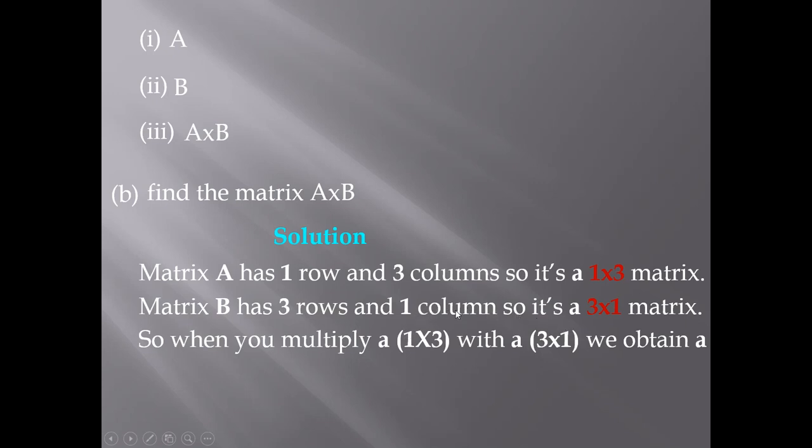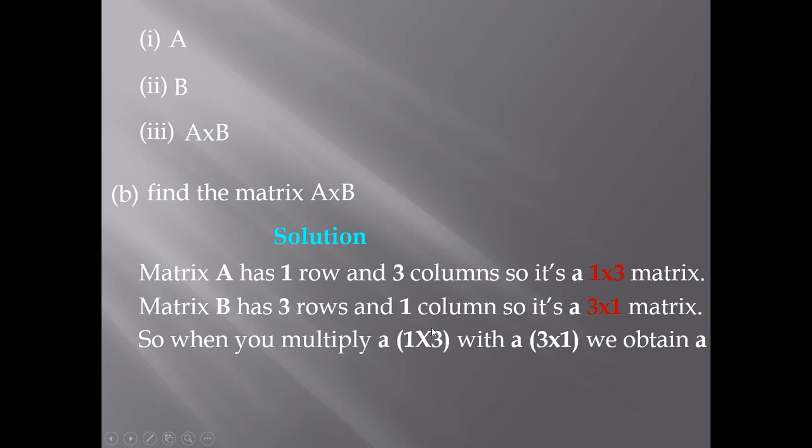So when I multiply A and B, I'll end up with a 1 by 1. Why? This and this are the same, meaning that the matrices can multiply since the number of columns here is equal to the number of rows.